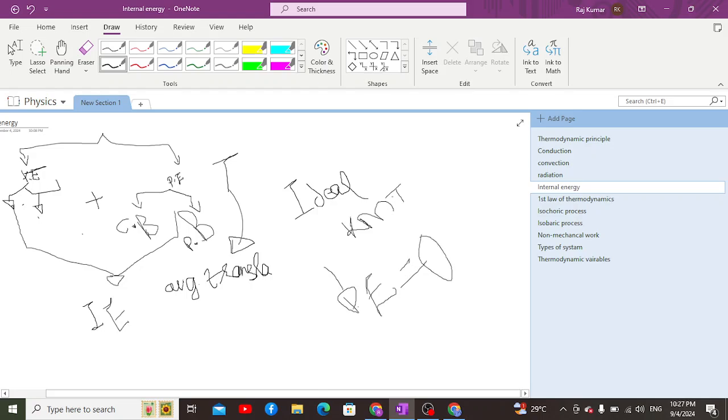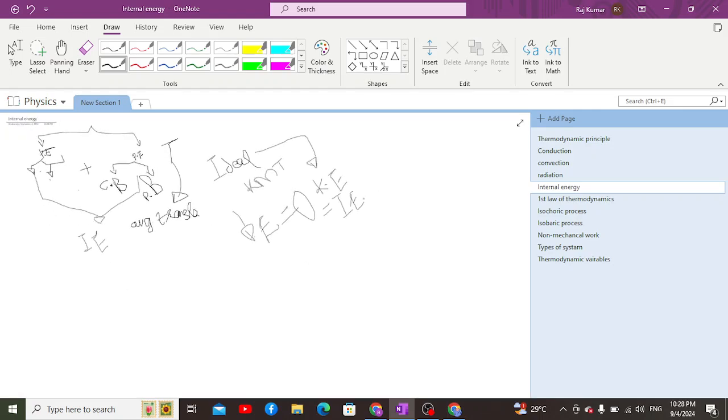So if we consider ideal cases, the internal energy of the body is totally dependent on the kinetic energy, because potential energy is zero, due to which the internal energy is always equal to kinetic energy in ideal cases, right?